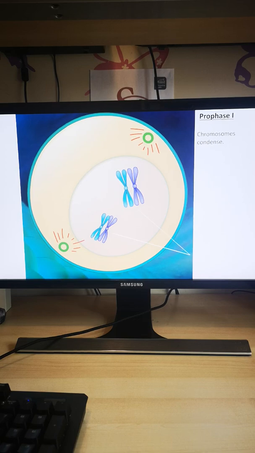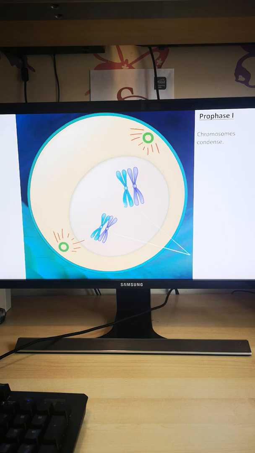This organism has 1 chromosome 1 that it's inherited from its father, we'll say that's the blue one, and 1 that is inherited from the mother, which is the purple one. And the same for chromosome 2.